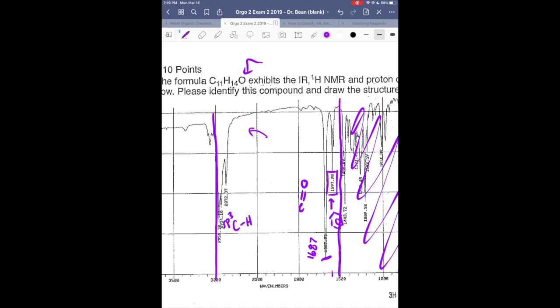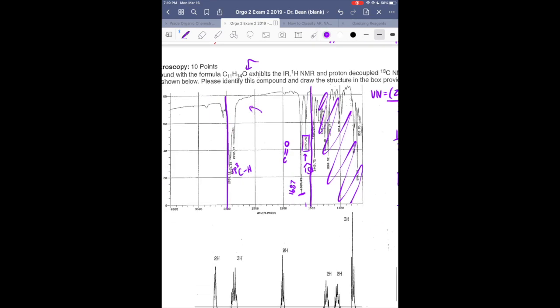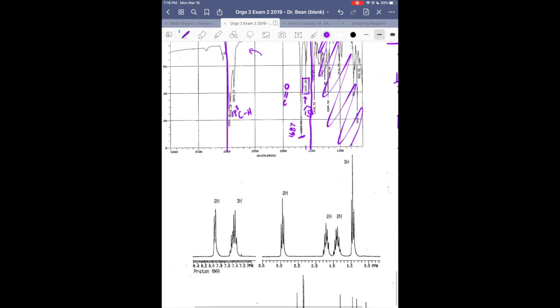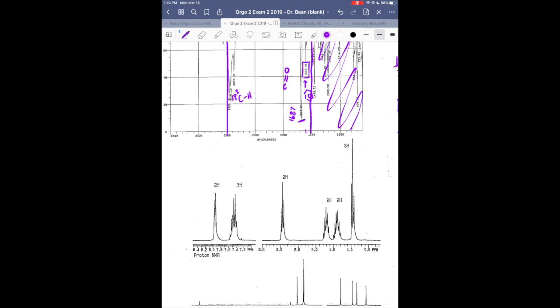This also shows some sp3 carbon to hydrogen bonds, which are present in pretty much every single organic molecule. So nothing distinctive there, okay? But we have established that there's probably a carbonyl that oxygen is going to be involved in, and that would satisfy the fact that we have an unsaturation of 5.